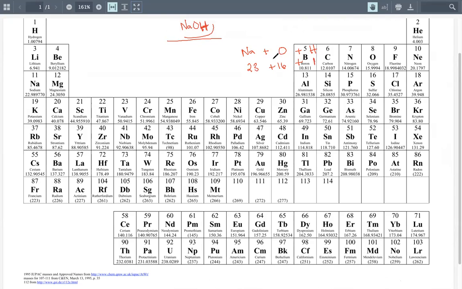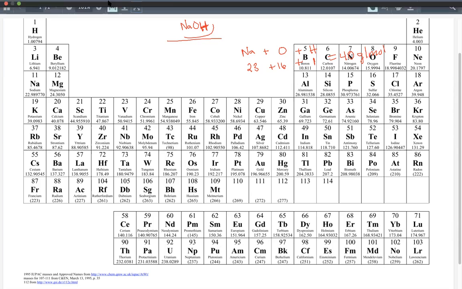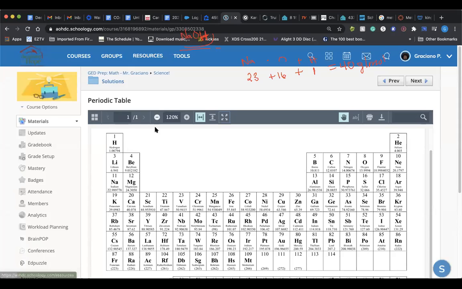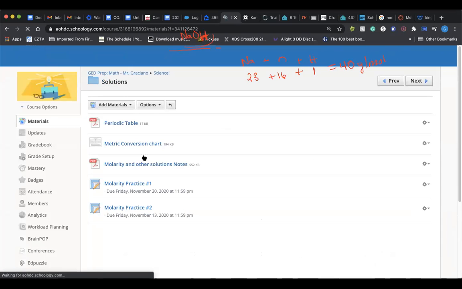I'm going to add those all up together and I'm going to get 40. Those are my grams per mole. That's how much this weighs in general. I'm going to use that information to help me in my equation. I'm going to exit here, go back to my notes.